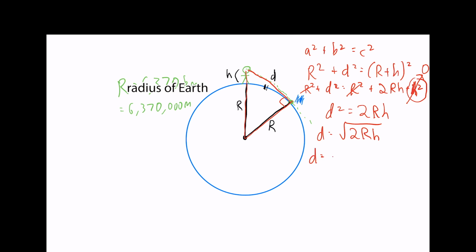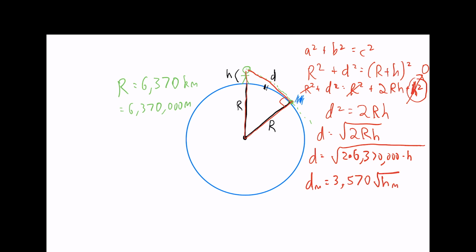So we can plug that in, and we find that 2 times 6,370,000 times h. If we take the square root of that, we get d in meters equals 3,570 times the square root of the height in meters.